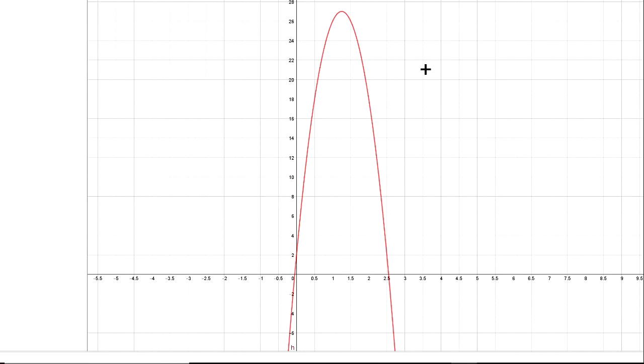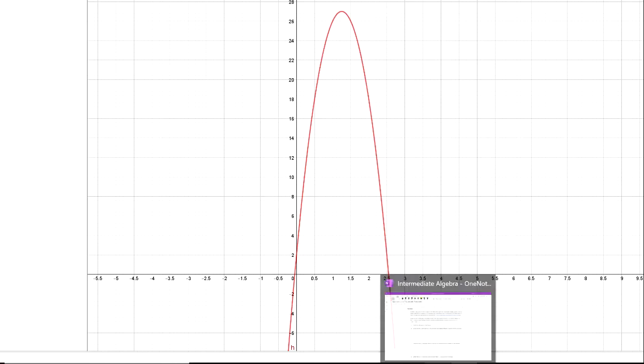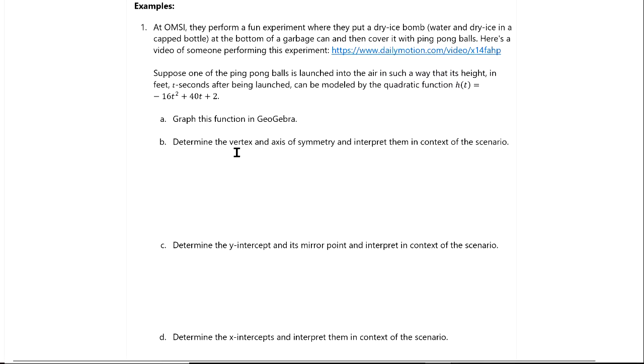To answer our questions, the first thing we want to do is determine the vertex and the axis of symmetry, and more importantly, for any application problem, we want to think about what these key features tell us about the function in the scenario, and what they mean in our given situation.